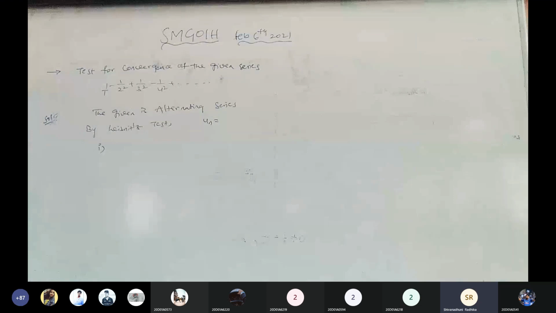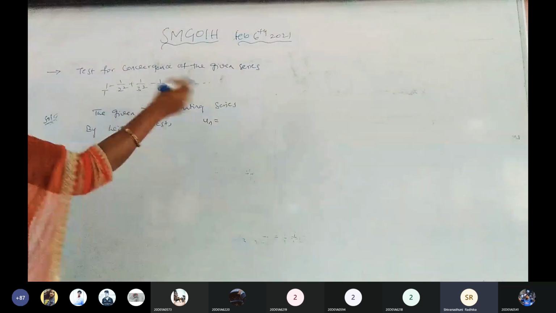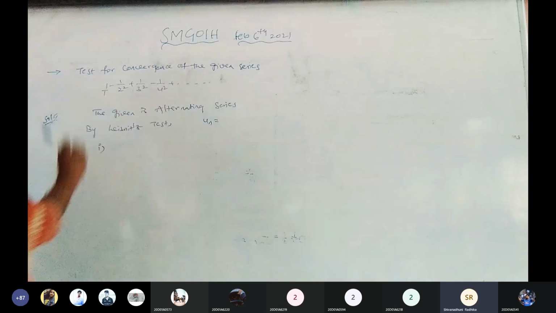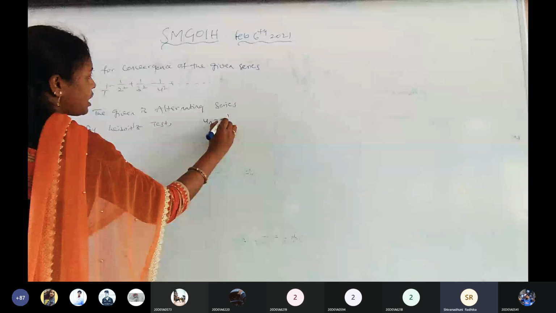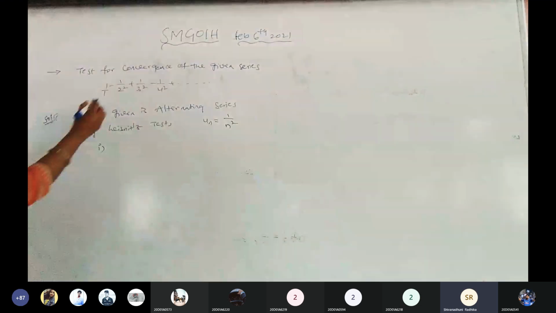The square is common and repeated. The denominator values are different. For different values of n, we get different values here. So I am going to write 1 by n square. Is it clear?